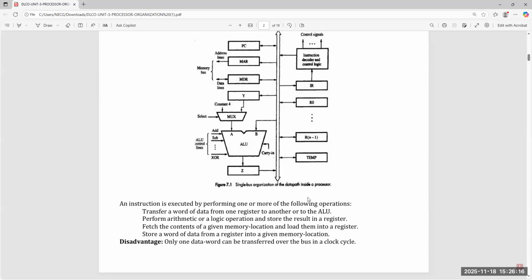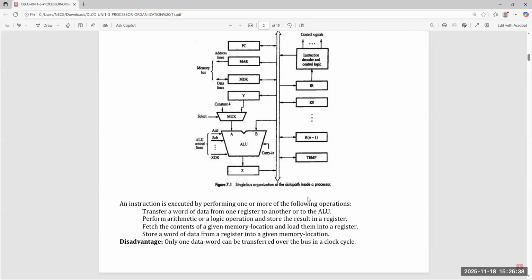These are the operations performed when an instruction is executed. That is the single bus organization.